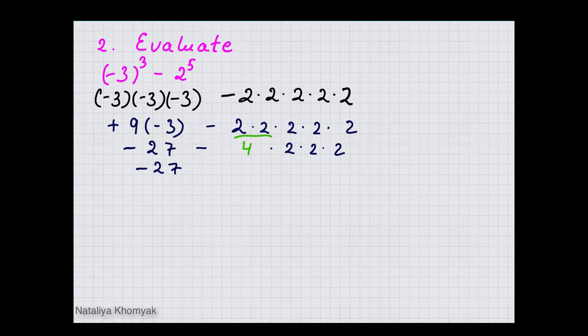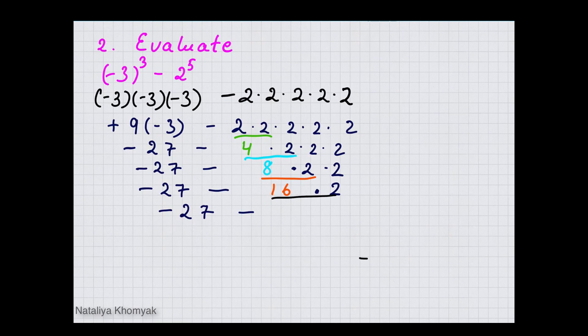Negative 27 minus 4 times 2, 8 times 2 times 2. Negative 27 minus 8 times 2, 16 times 2. Negative 27 minus 16 times 2, 32.